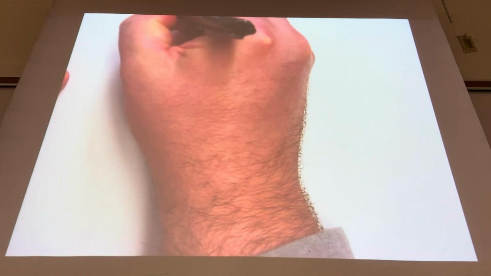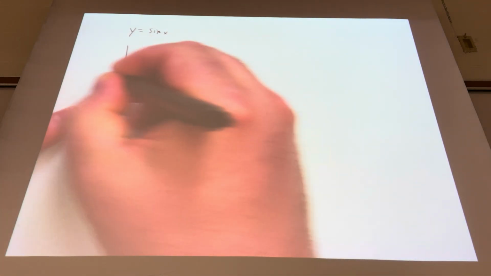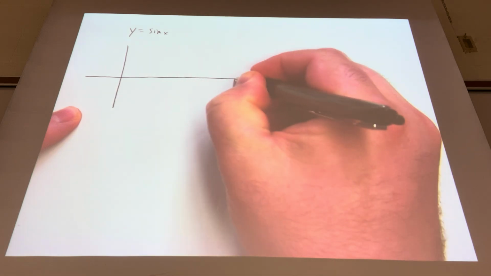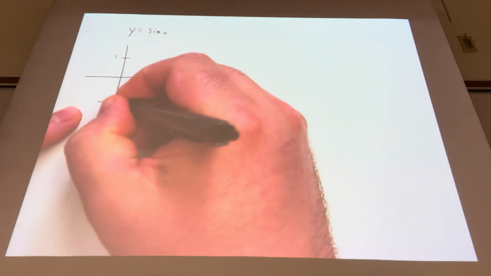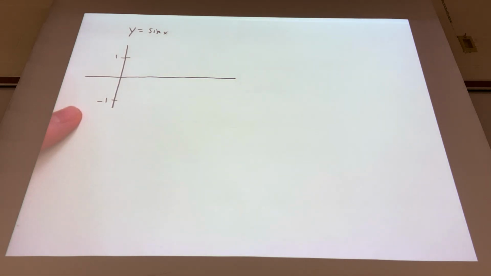Okay? So, when I had y equals sine x, the basic sine function, we had our midline at 0. Amplitude was 1 to -1. No phase shift, no vertical shift, right? Our period was 2 pi, correct?